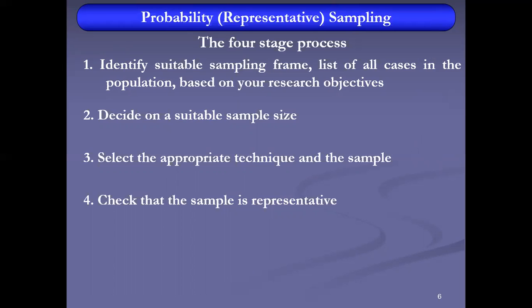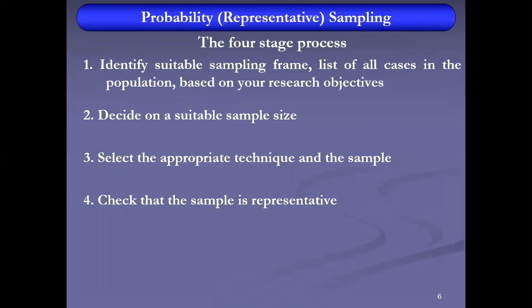Number two is to decide on a suitable sample size. Using different methods, we need to decide the suitable sample size. Maybe if we have a total population of 1000, using different methods and different formulas, we can decide what number of samples is suitable. Number three is to select the appropriate technique and the sample.